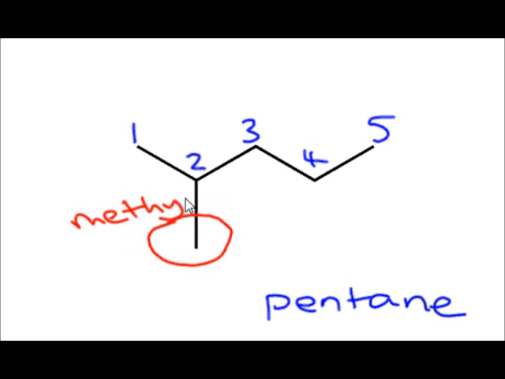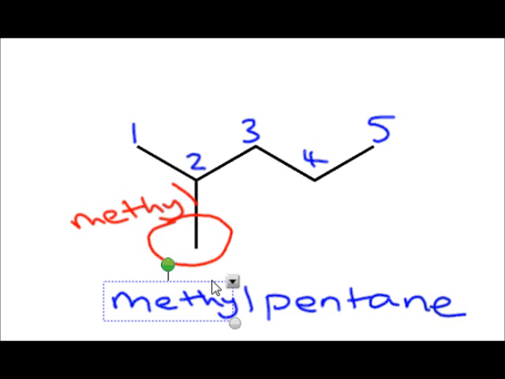So we'll include this information in the prefix. So we've got a methyl group, so it will become methylpentane, and the methyl group is attached to the second carbon. So to show this, we put a 2 before the methyl. So this alkane will be called 2-methylpentane.